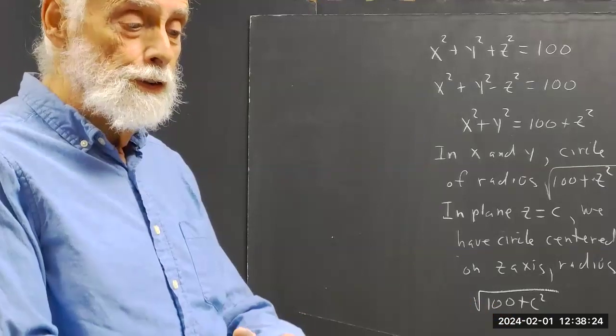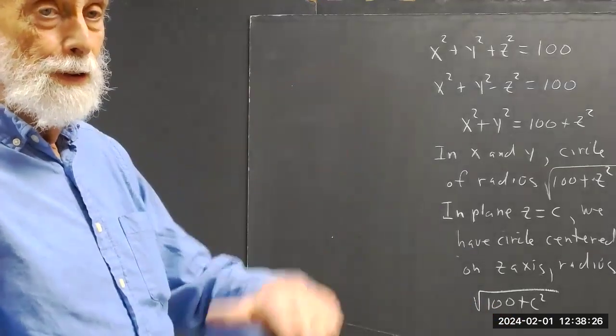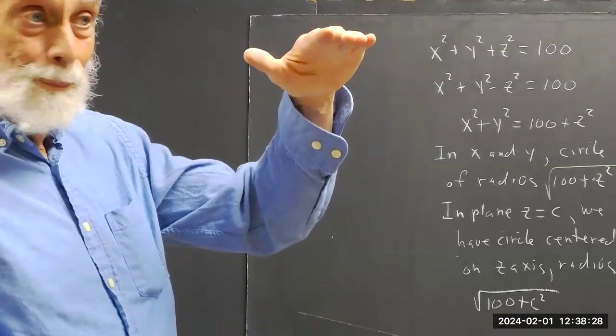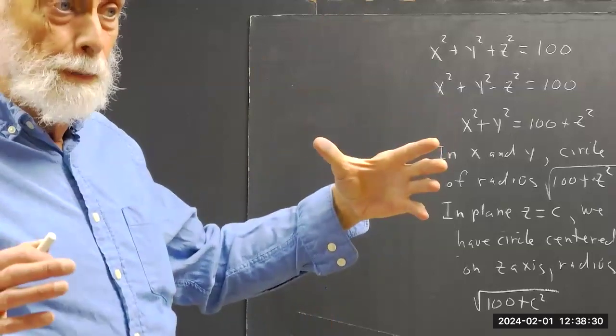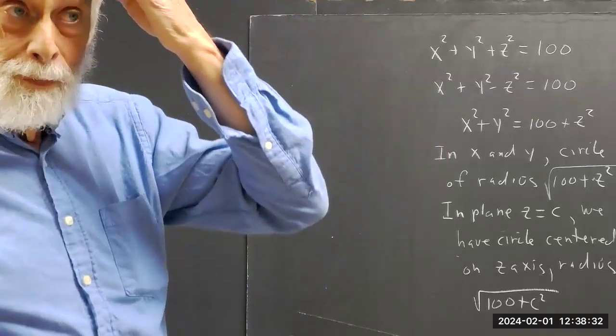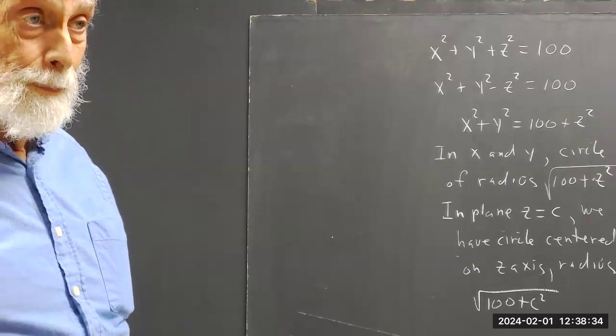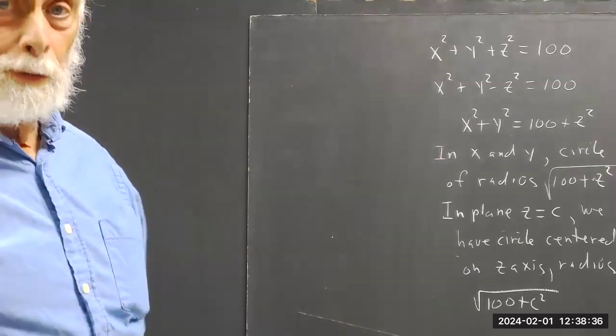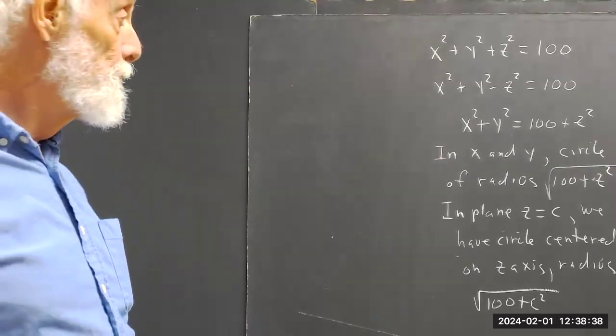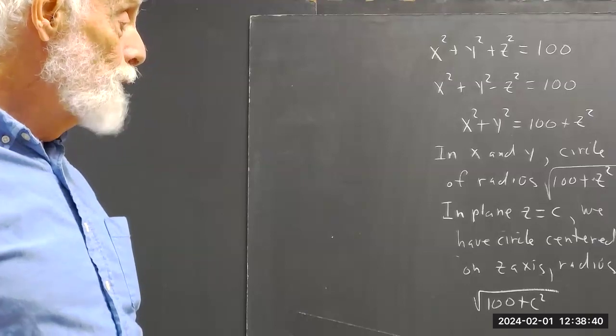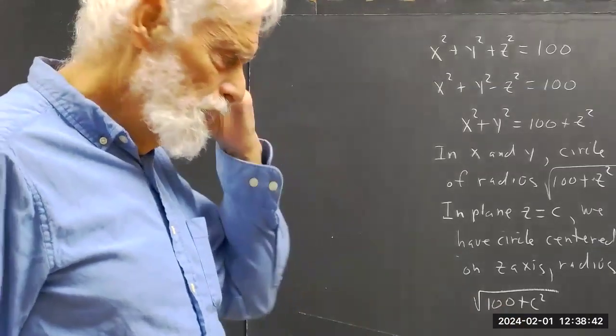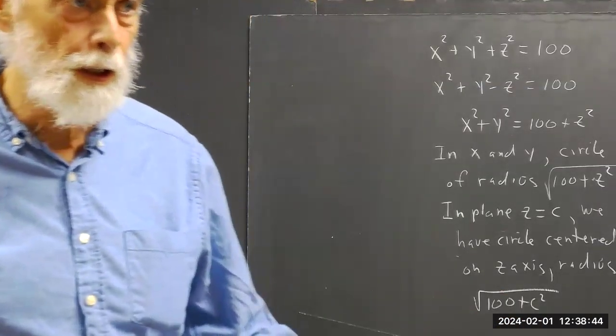And the further c is in the z direction from the origin, the bigger the circle is going to be. So we get bigger and bigger circles. Now, do they get bigger linearly? Well, no, that's not a linear function. So how do they get bigger?